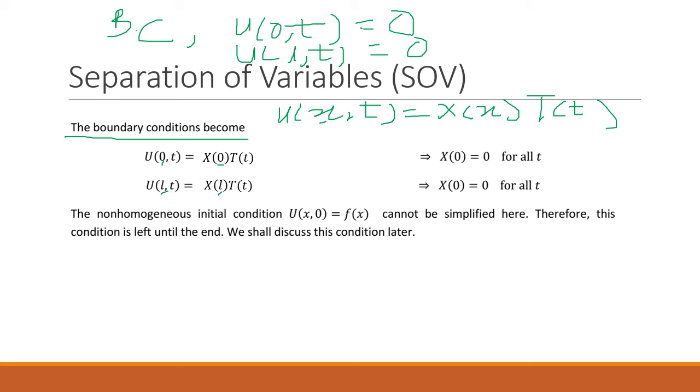Okay, kemudian kita bahagikan juga dengan XT. Okay, sebab tadi bila kita buat separation of variable, kita kena bahagikan semuanya dengan XT. So, yang ni pun kita bahagikan dengan XT.